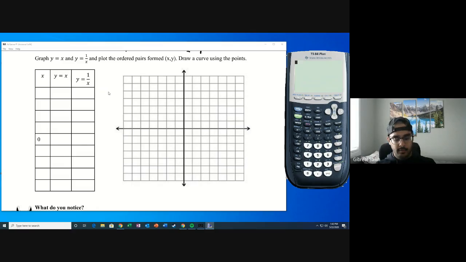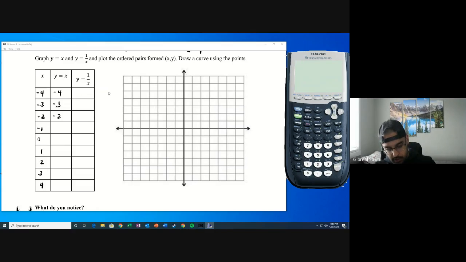So given the starting point is 0. Now, you can choose any x values you want. I chose to just work with my whole numbers here, all the way up to 4 in both the positive and negative directions, just for ease.